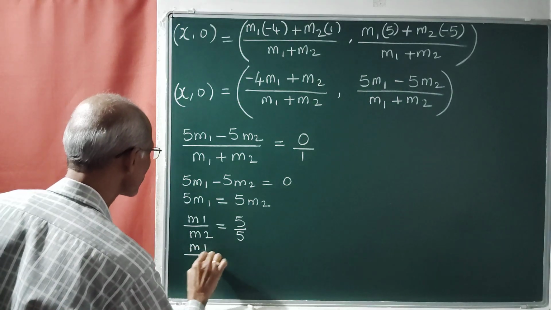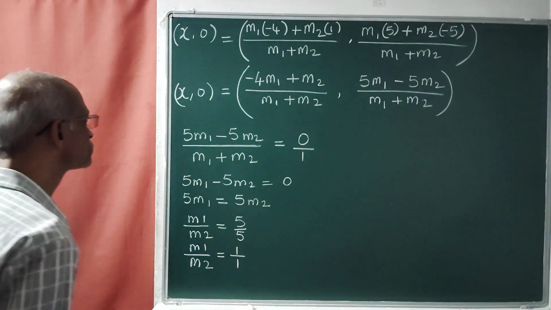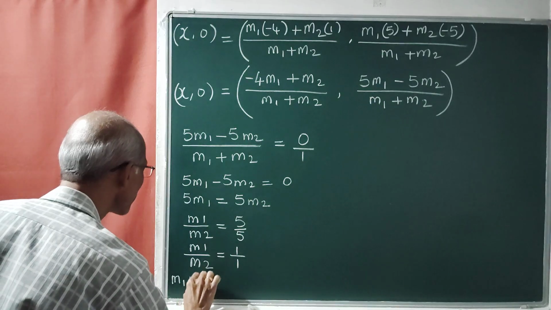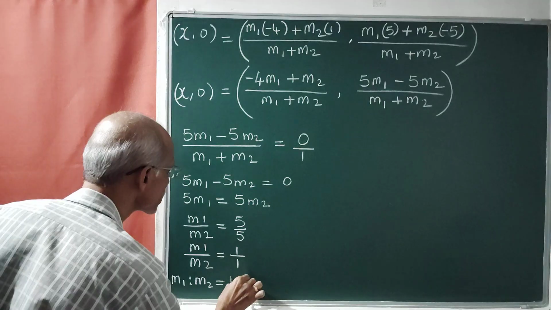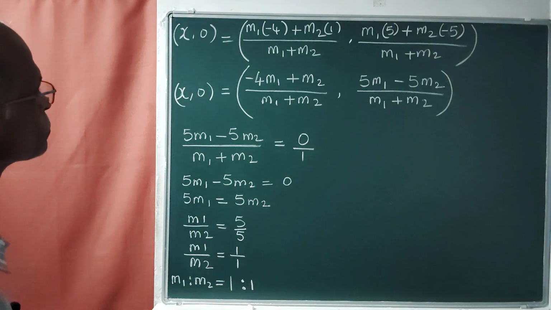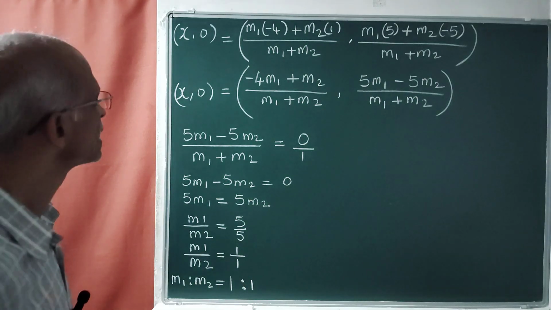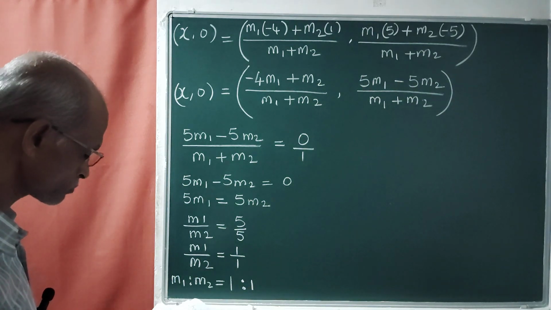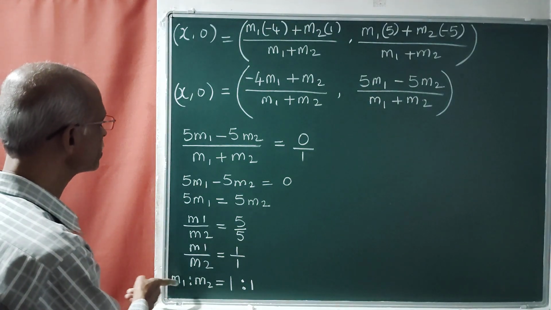So m1 by m2 is equal to 1 by 1. So m1 is to m2 is equal to 1 is to 1. This is the ratio. So the point P divides AB in the ratio 1 is to 1. Now the value of m1 is 1, m2 is 1.